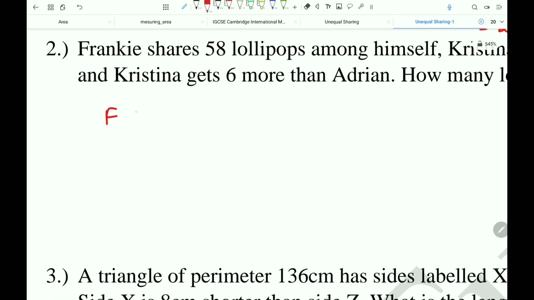So Frankie will get more than Adrian. That symbol means more than. And also, Christina gets more than Adrian. She gets 6 more than Adrian. So this tells us that both Frankie and Christina have more than Adrian, which means that Adrian has the least amount.